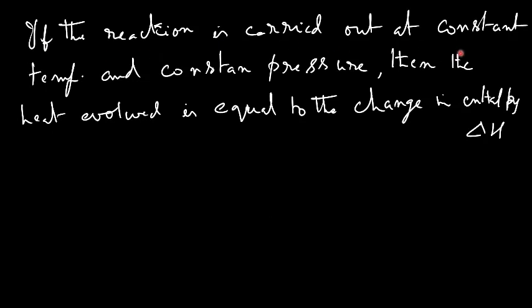If the reaction is carried out at constant temperature and constant pressure, then the heat evolved is equal to the change in enthalpy. Delta H is equal to sigma HP minus sigma HR. That is, the change in enthalpy or amount of heat evolved is equal to the sum of the enthalpies of products minus the sum of the enthalpies of reactants.